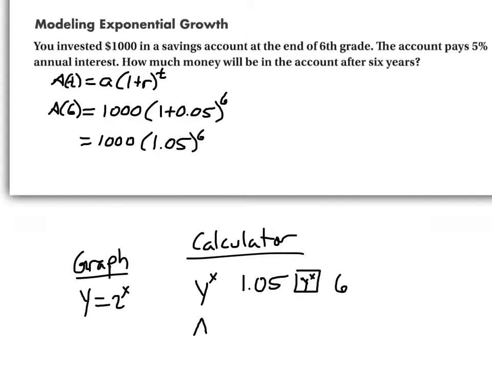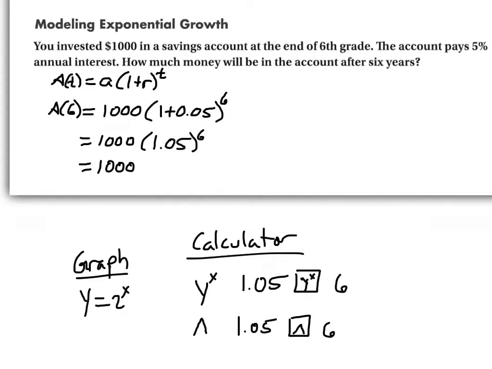Now, if you have the caret, it's the same thing. You take 1.05, you then push the button that has the caret, and then push a 6. That caret means raised to. Okay? So 1.05 raised to the 6th power. So either way you've done that, what is our answer here? 1,340.